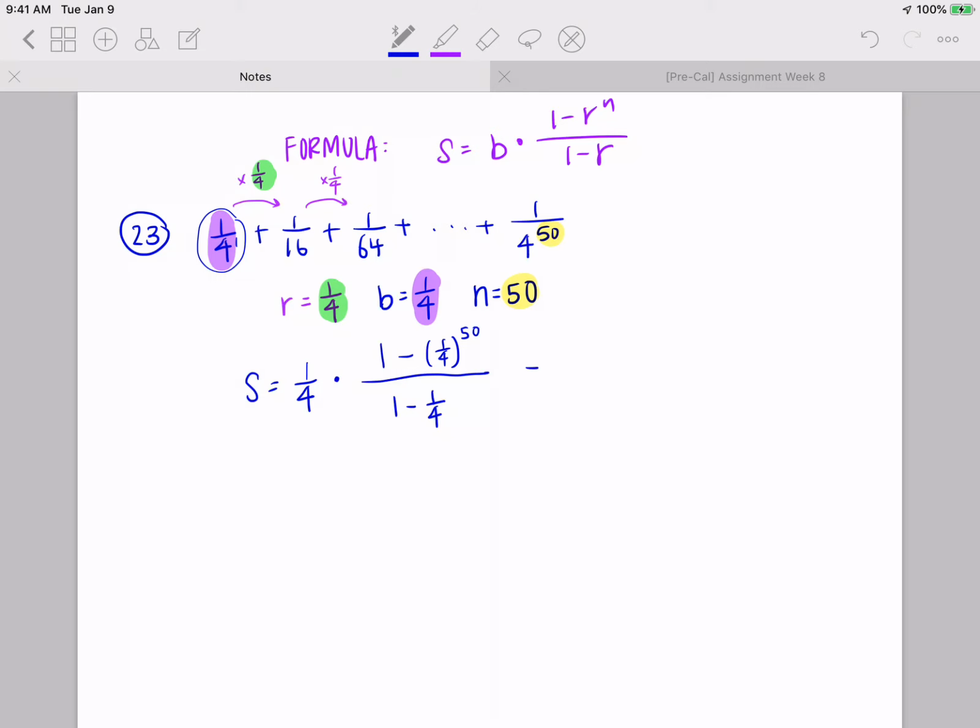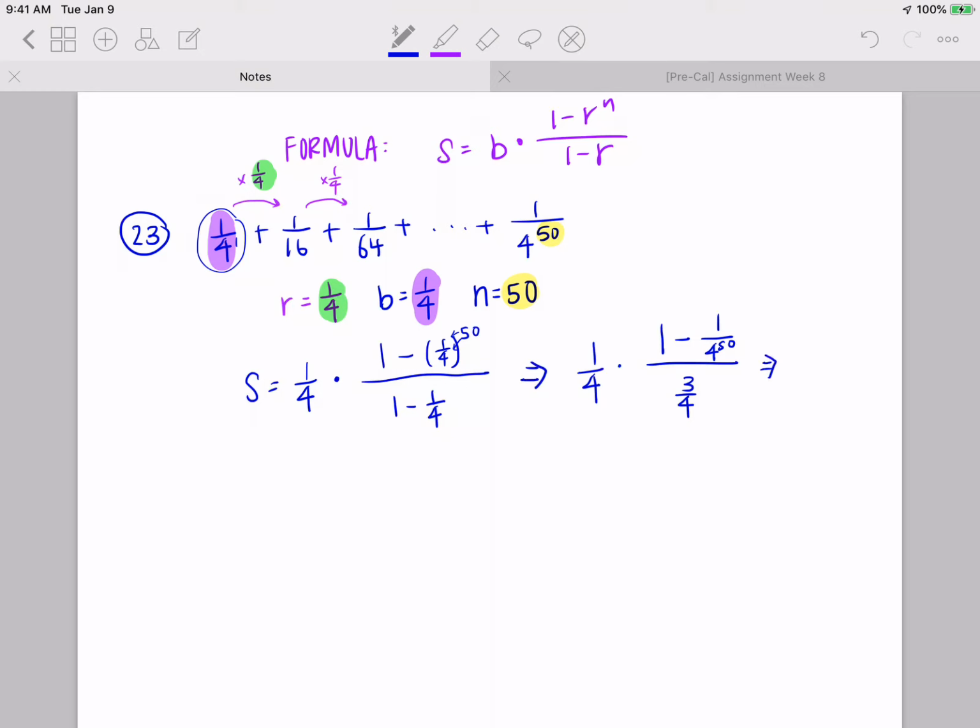But those of you who want to continue, this is going to turn into 1/4 times 1 minus 1/4 to the 50th power, and at the bottom it's going to turn into 3/4.